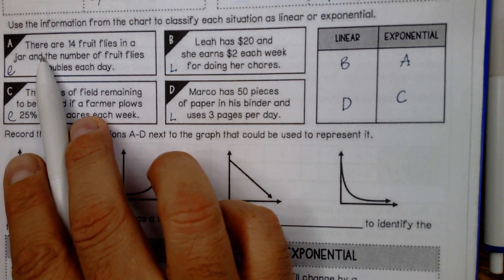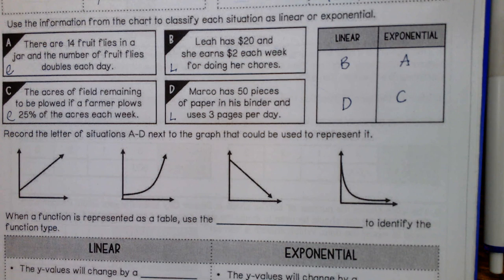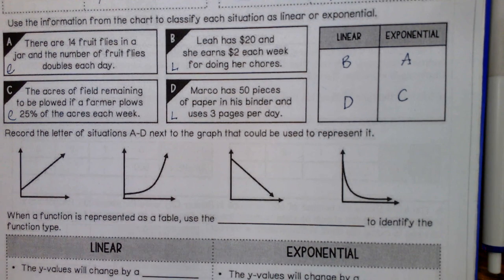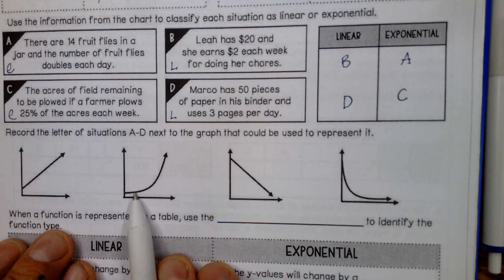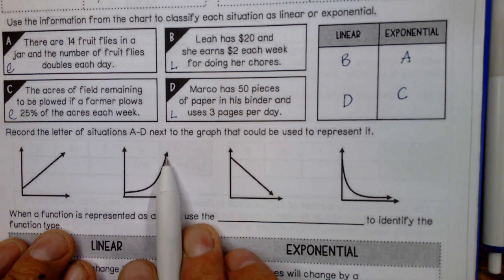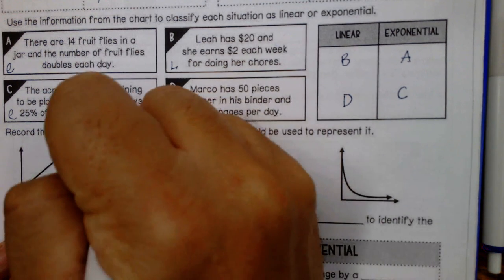We know it's exponential. Yeah, there are 14 fruit flies and then the number doubles. Yeah, but which one of these graphs? Yeah, you start with 14 and then they start doubling. Right? Twice as many as the time before. So let's go with this for A.